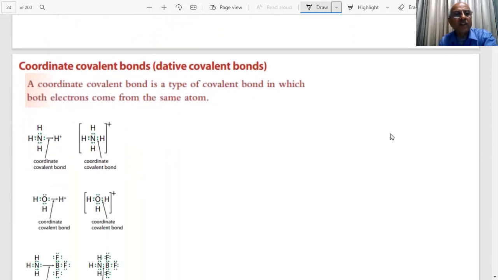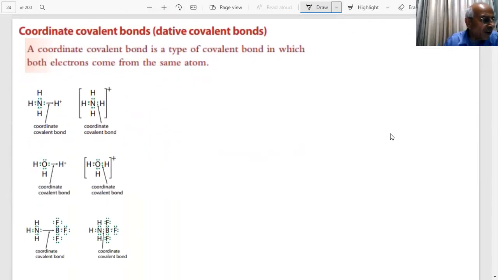Another important point is that there is something called a coordinate covalent bond, or a dative covalent bond. What is a coordinate covalent bond? It is a type of covalent bond in which both the electrons come from the same atom. Up to now, I told you the covalent bond was formed by sharing of electrons, each atom sharing one electron.